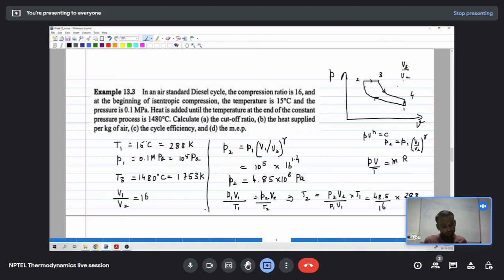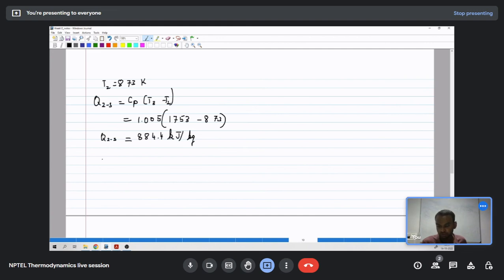Again, we can use the PV by T relation. So we have P2 V2 by T2 is equal to P3 V3 by T3.